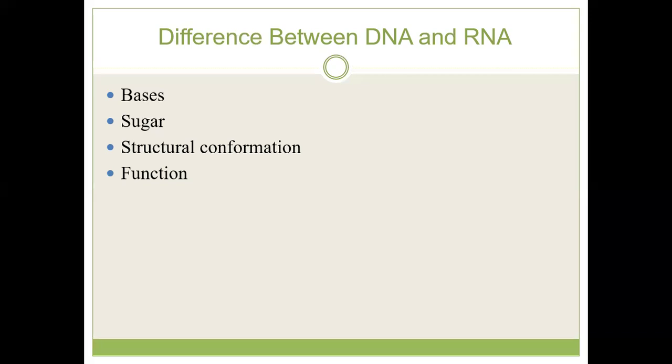With respect to structural conformation, RNA exists as a single strand, while DNA exists as a double strand and helical structure. With respect to function, DNA contains genetic information, while RNA is versatile. It has a lot of functions.